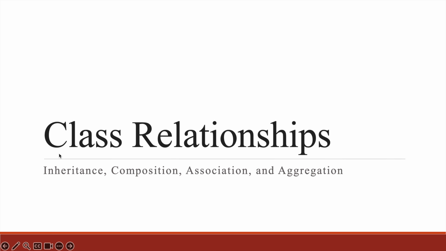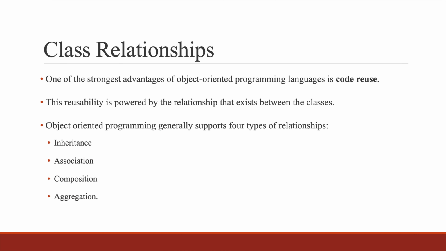So, class relationships. Now we're going to start discussing the relationships between different classes. One of the greatest advantages of using object-oriented programming as a programming paradigm is code reuse. Because OOP supports relationships between classes, we don't have to rewrite code that already exists in a different class.